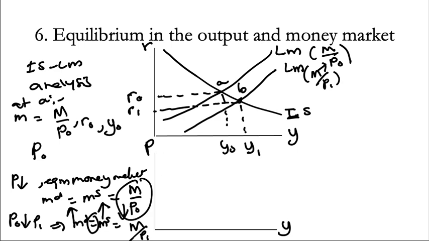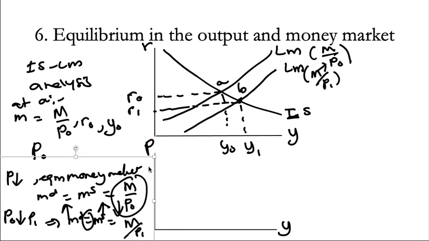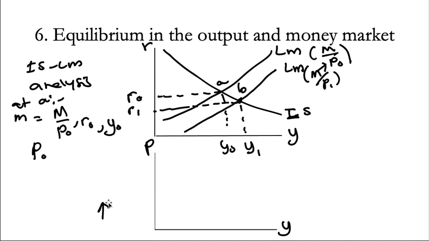let me clear the mess here, otherwise you cannot see it. So now, initially, we have P naught falls down to P1 such that P1 is less than P naught.